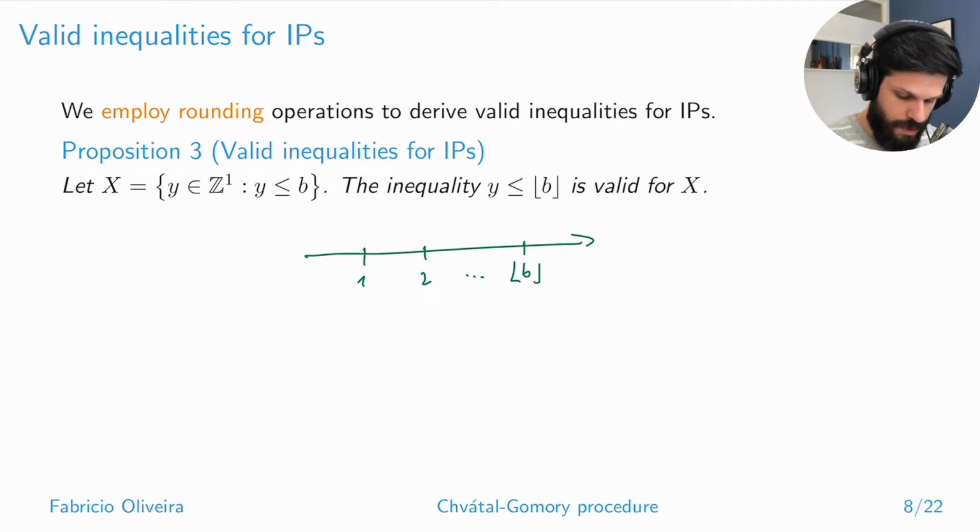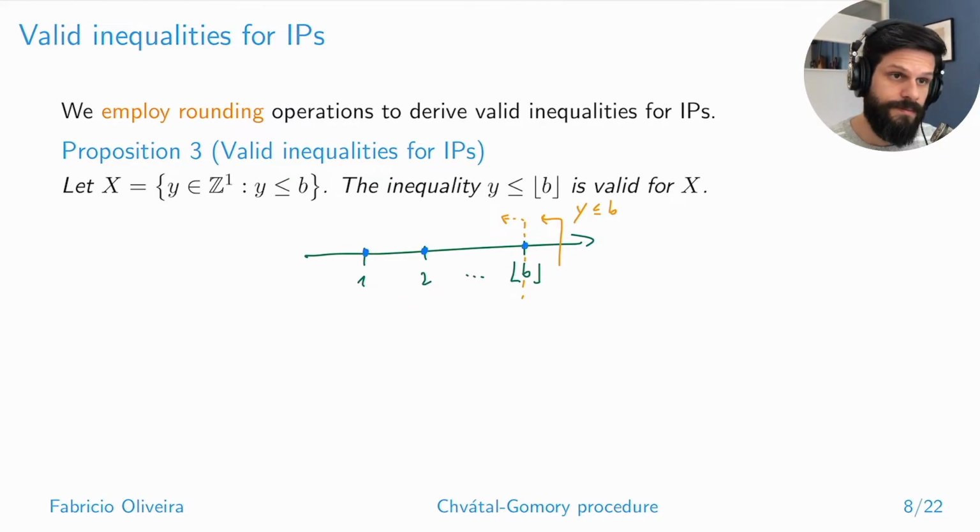If you have a constraint saying that y, which is integer, is less or equal than b, the way to generate a valid inequality for IP is to move this to that point. Because if this is the case, then this is a valid inequality where you're not removing anything from the set where the feasibility set is given by these blue points that are integer.